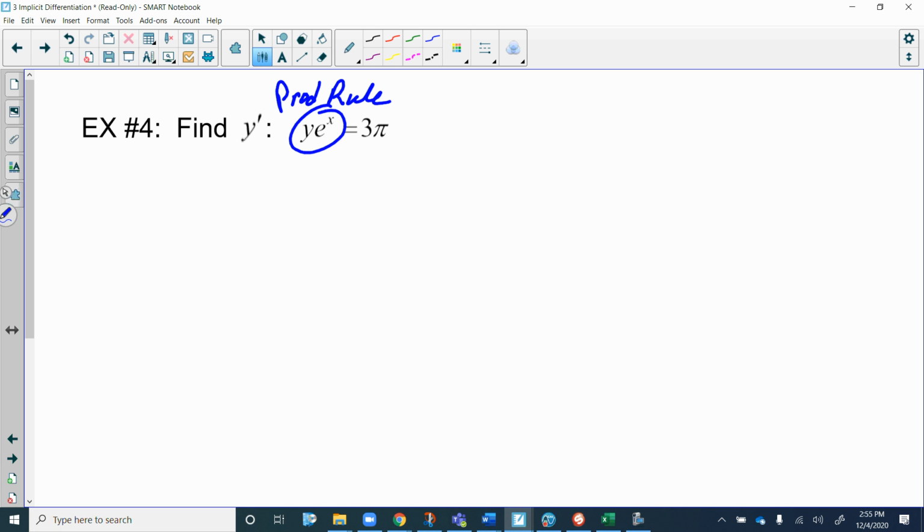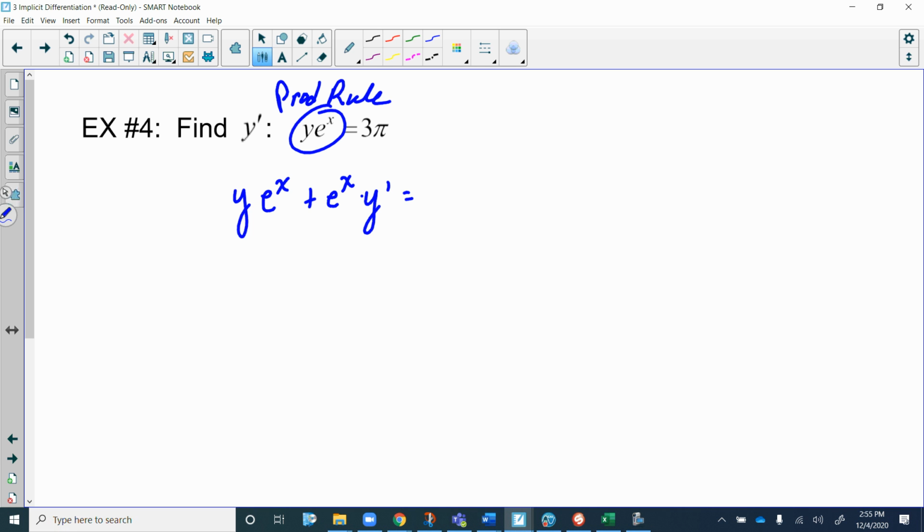So the derivative, leaving the first part alone, I would just get y. The derivative of e to the x is e to the x. So the next part, we take the derivative of y. So the e to the x stays the same, and we take the derivative of y, which would be y prime.